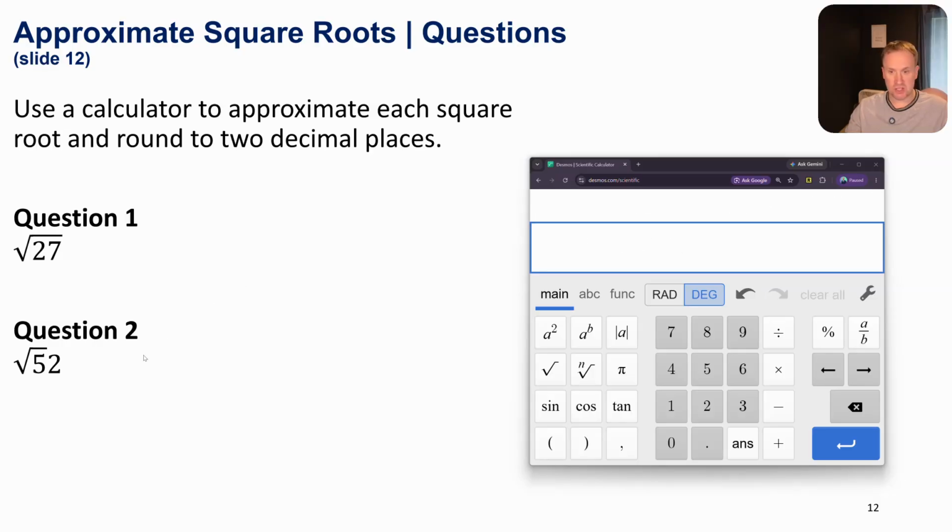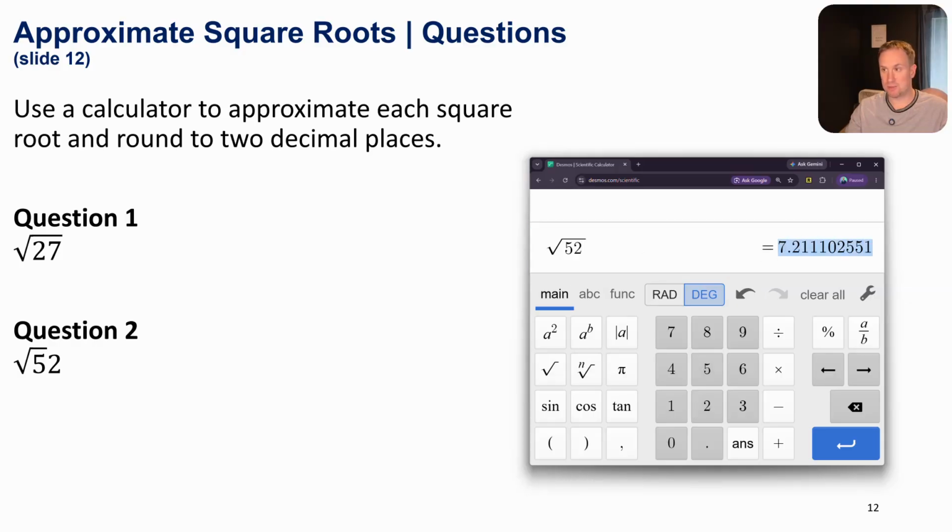The second question we have is square root of 52, or radical 52. So again, we look at our radical symbol, the number underneath, 52, the radicand, we type in 52, and we get this nice irrational decimal here. We again are going to round to the hundredths place, 2 decimal places, and to determine what to round to, we are looking at the thousandths place.